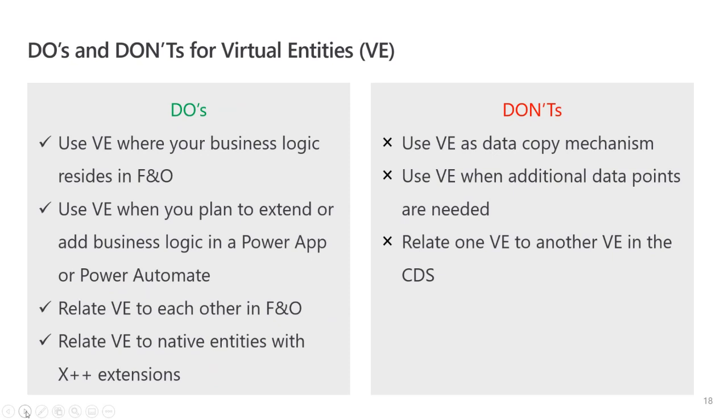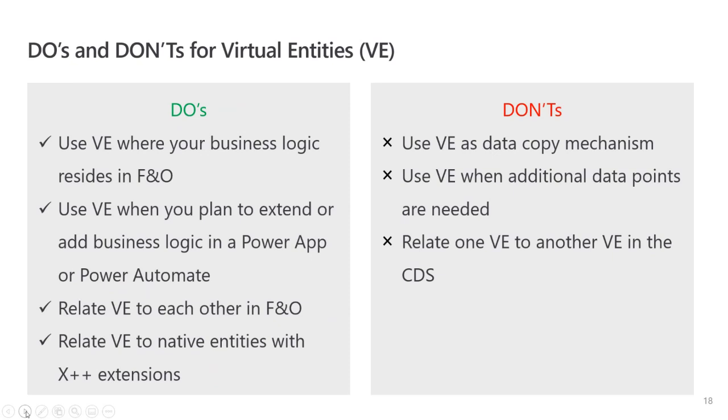You do want to use virtual entities as well when you plan to extend or add business logic in a Power App or Power Automate. So you can put additional business logic in your app or your Automate to tell it, oh, go do this approval process and then go insert a record or change the status of a record inside of finance and operations.